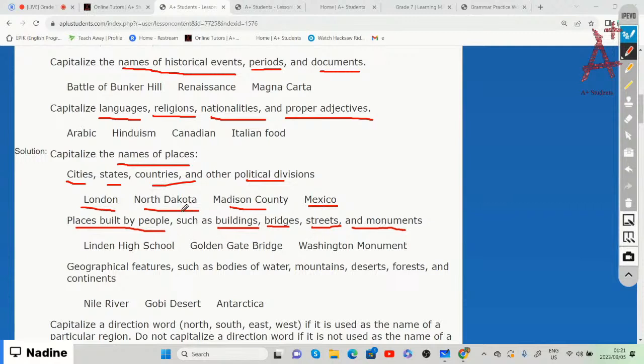We need to capitalize it. Like Linden High School, we need to capitalize it. Golden Gate Bridge, we capitalize it. Washington Monument, we capitalize it, right? So these are all the things that we capitalize.